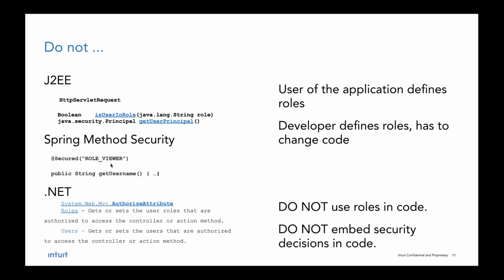And the second thing is, you are actually embedding a security decision in the code, which is also a problem. So you should delay the security decision as much as possible, and we'll see what it means. So the crux of this slide is: do not use roles in code, even when you have standard APIs suggesting that you do.